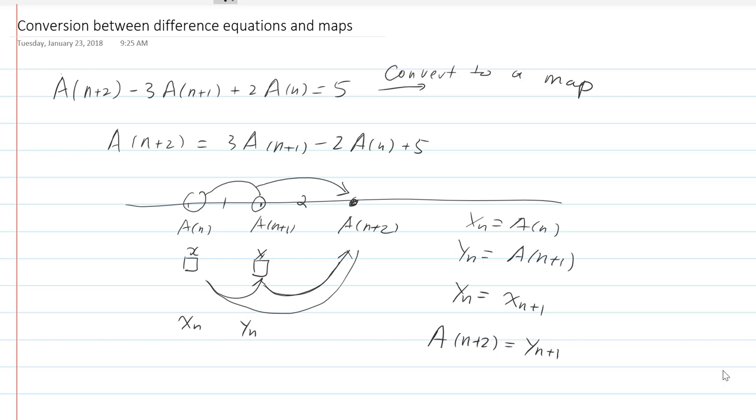So when you see this, then you look at the equation over here, then you can have y_{n+1} is equal to 3, and then a_{n+1} is going to be y_n over here, right? And then minus 2x_n and plus 5.